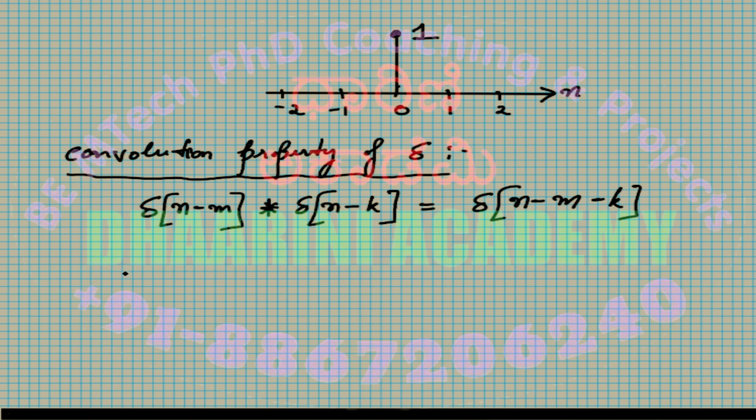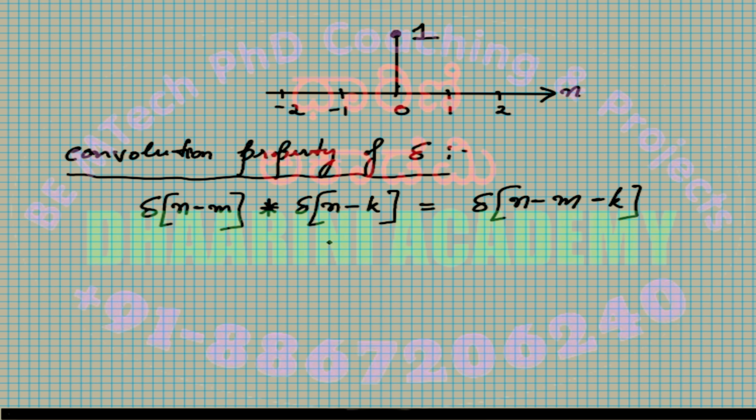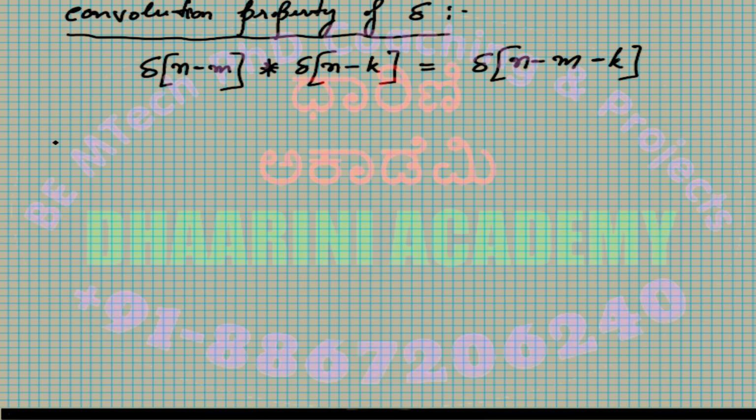Now, so far I know only what delta of n is, but I don't know what n minus m is, or in some other cases you may face n plus m as well. We'll see quickly. Let's see.